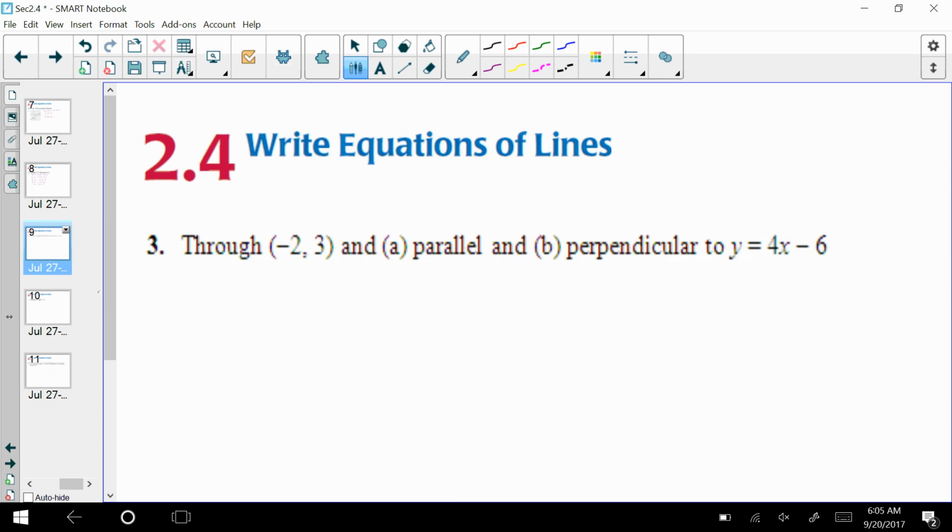Here we need to know parallel and perpendicular. So parallel has the same slope. Perpendicular has the opposite reciprocal.